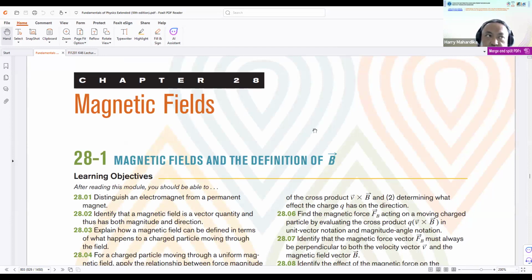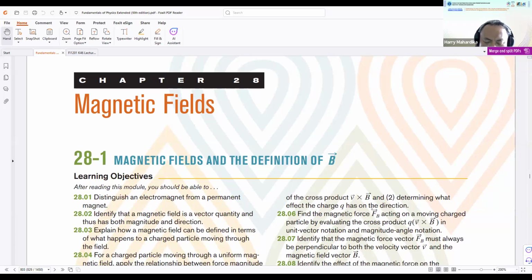So in the previous lecture, we learned about how current and also voltage behave inside of a circuit. But now we move on to the effect of current flowing inside of metallic wires that produces another effect called magnetic fields.